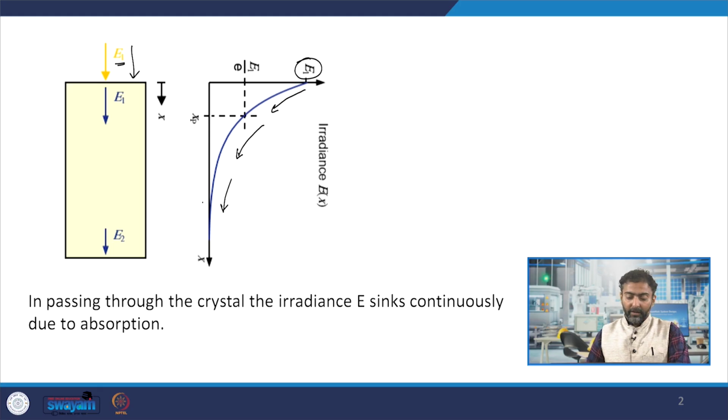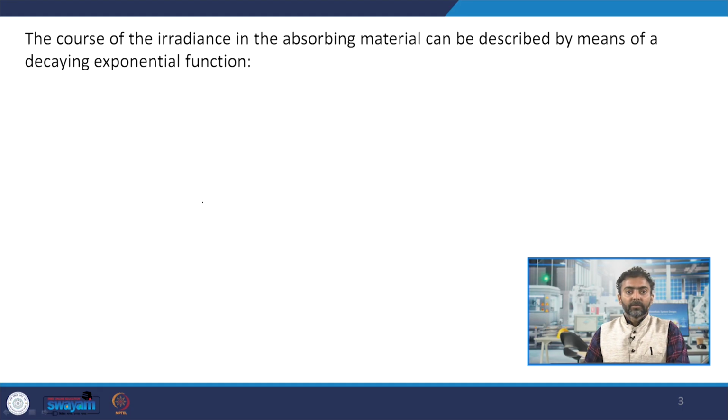Having understood this, now we can mathematically formulate the absorption phenomena of light in a solar cell. The course of the irradiance in the absorbing material can be described by means of a decaying exponential function of this form.